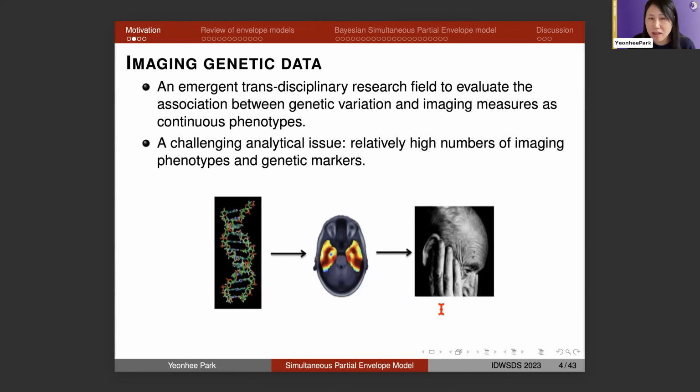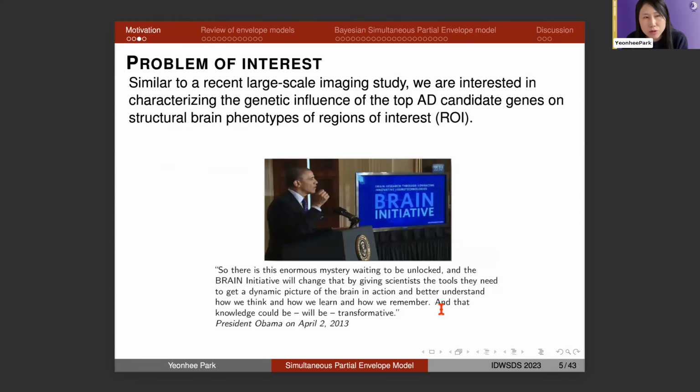But this is not a surprising problem nowadays, since we live in an era of big data. Similar to a recent large-scale imaging study, we were interested in characterizing the genetic influence on Alzheimer's disease candidate genes on the brain phenotypes of regions of interest, ROI.